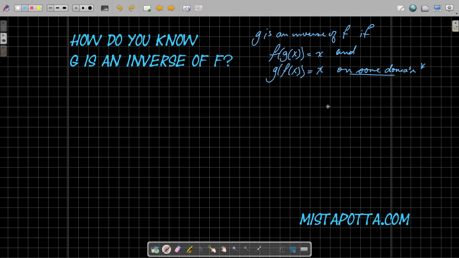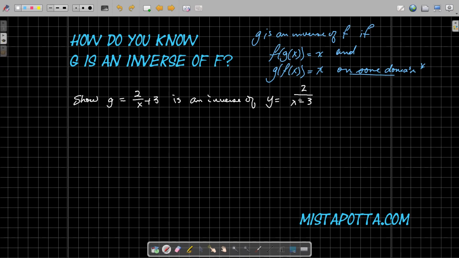Now I'm going to talk about what this means in a later example, but I want to start by showing that g, which is equal to 2 over x plus 3, is an inverse of y equals 2 over x minus 3.